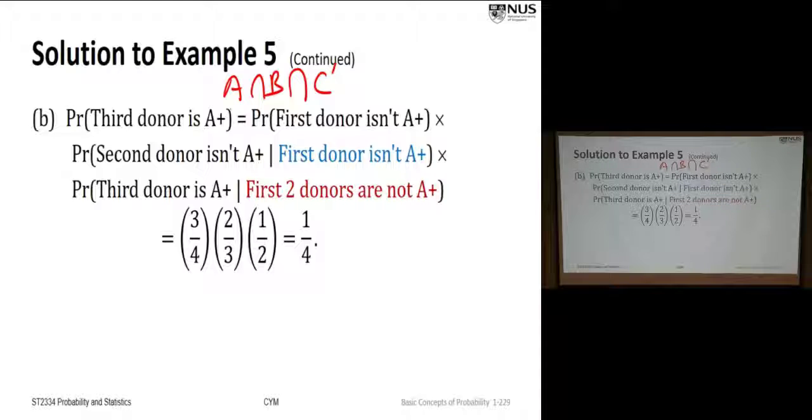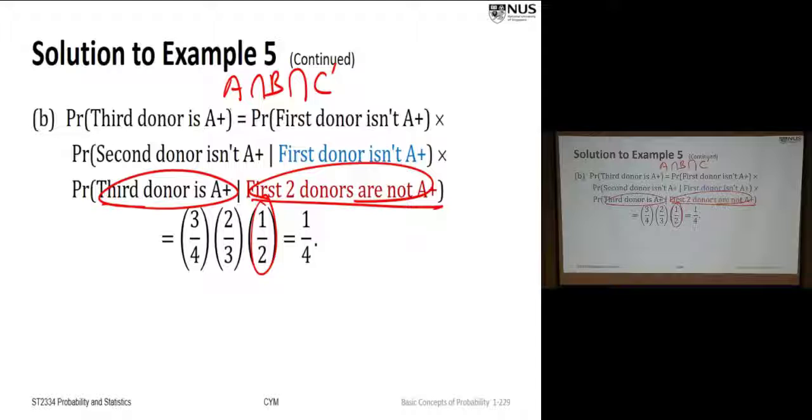So the third one is A plus, given that the first two are non-A plus. So therefore, after the first two, there are two donors left, and out of these two, one of them is non-A plus, and one of them is A plus. So that's why you have to multiply 1/2. So the answer is 1/4. All right?